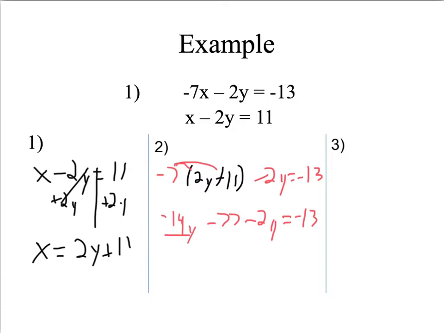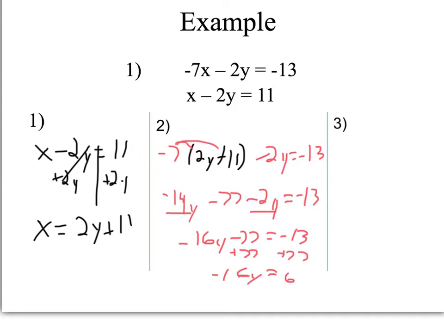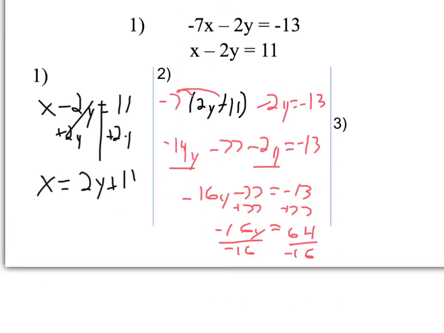Negative 14 minus 2 is negative 16y. Add 77 to both sides. Negative 16y is equal to 64. Divide by negative 16. And that makes y equal to negative 4.